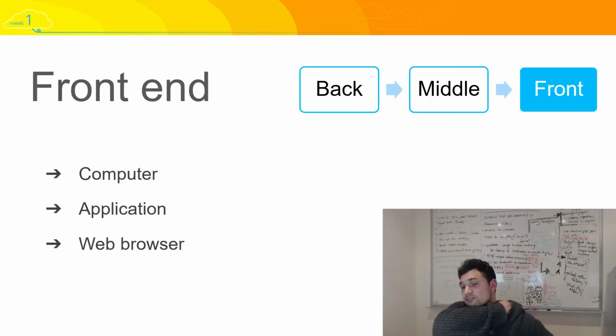So as I said, the front end is essentially your computer. It's what you as a user use to connect to the internet. It can be a computer, tablet, smartphone, etc. Now, you can, for example, install applications on your device, and these applications give you access to cloud services because they actually access the cloud system through the internet, such as, for example, YouTube.